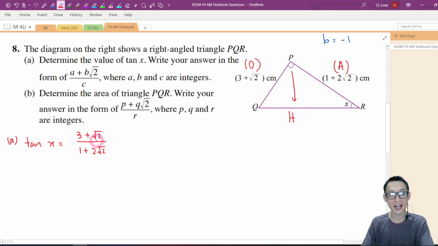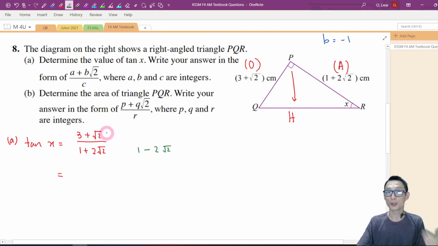So what I am going to do now is to rationalize the denominator. To rationalize the denominator, I need to multiply the denominator with its conjugate. So the conjugate of this 1 plus 2 times square root of 2 will be 1 minus 2 times square root of 2.